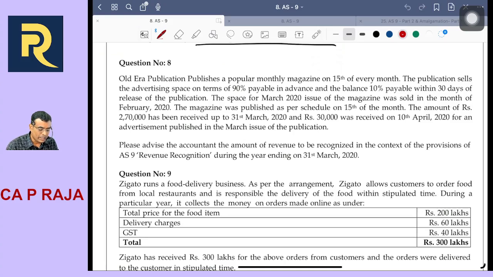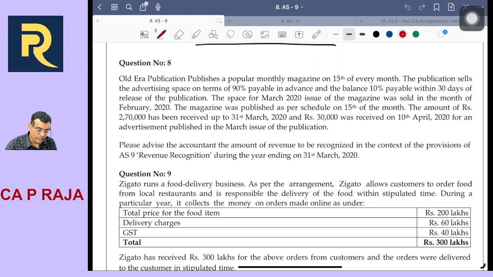Old Era Publication publishes a popular monthly magazine on 15th of every month. The publication sells the advertising space on terms of 90% payable in advance and balance 10% payable within 30 days from the release of the publication.